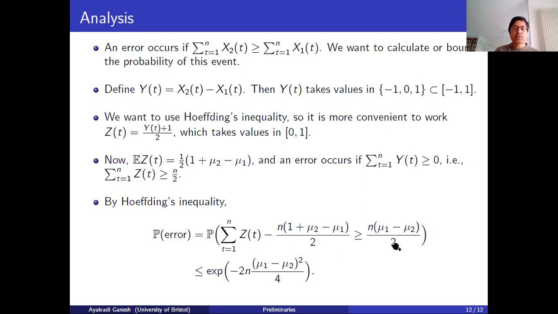That's what the error corresponds to. And Hoeffding's inequality says the probability that the sum of n bounded random variables minus n times its mean is bigger than n times t is bounded above by e to the minus 2n t squared. So t here is (mu1 minus mu2) over 2, and t squared is this. So this is the bound we get on the error probability of identifying the best arm after n trials.